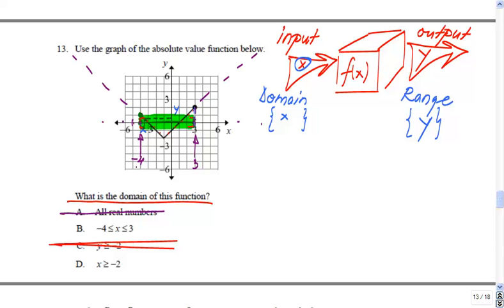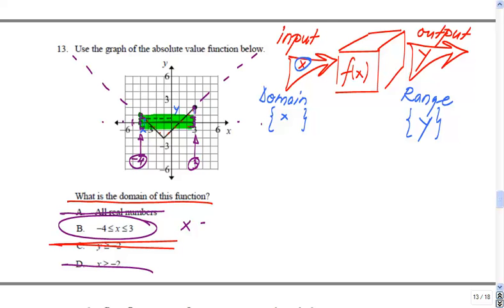So it looks like my x is between -4 and 3, but includes -4 and includes 3, like I said, because I have a full dot, right? And that's why the answer here will be B, because that's the interval that describes all the possible values of your x for the given graph.